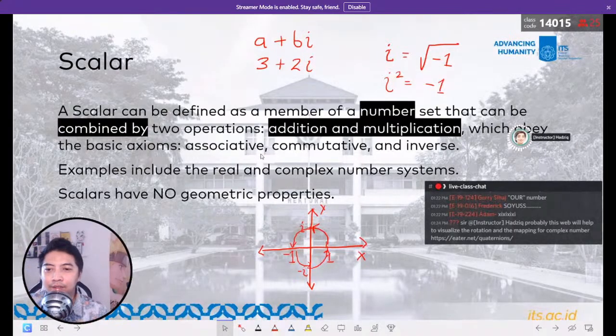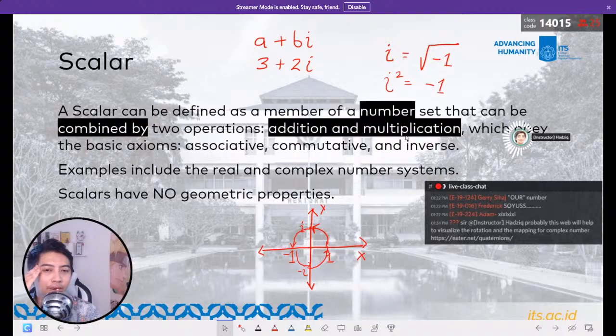Okay, and when we talk about scalar, basically the scalar should satisfy these two operations. So we should be able to operate two scalars with addition and multiplication. This is the direct operation. Indirectly, since we can do addition, we can also do subtraction, because subtraction is basically addition with the negative numbers.